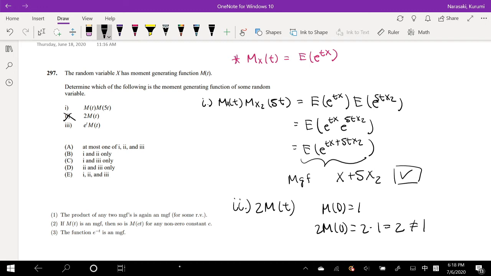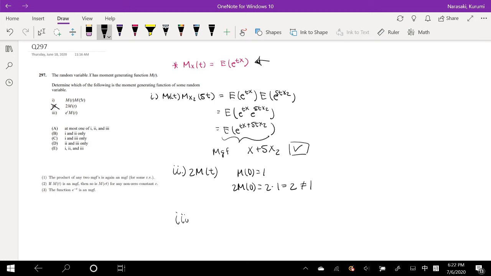So cross it off. For 3, we can think of it this way. We can set a random variable X with the probability that X equals negative 1 being equal to 1. Then we know that the moment generating function of this variable X is the expectation of e to the t times negative X, right?